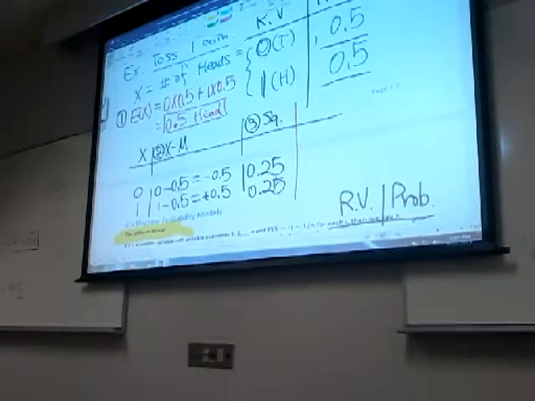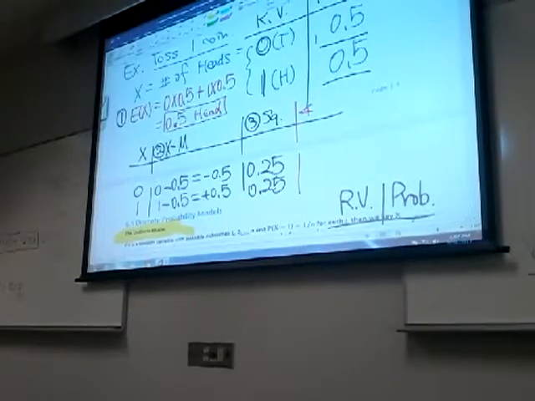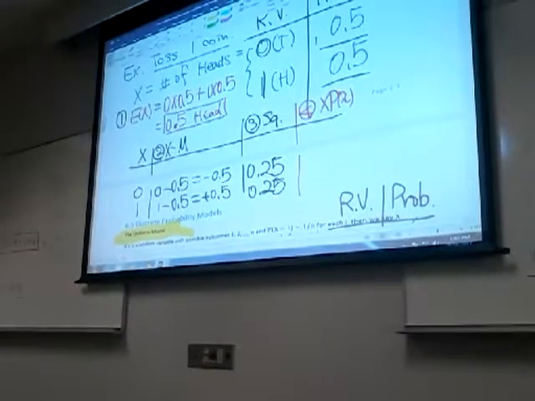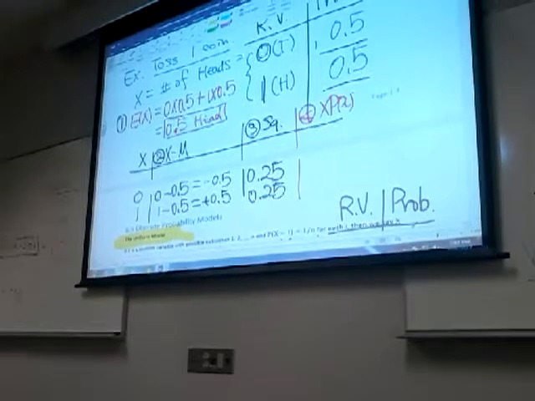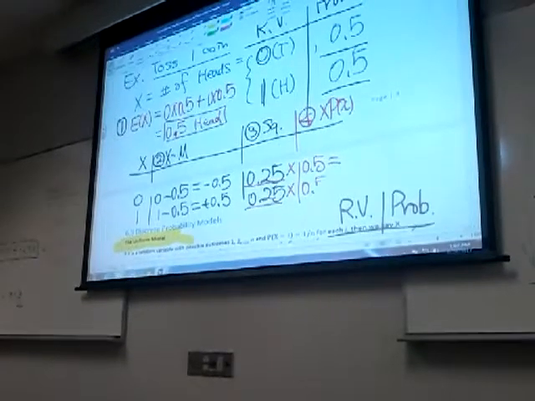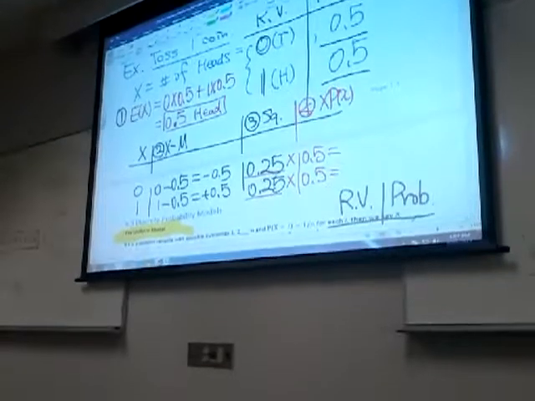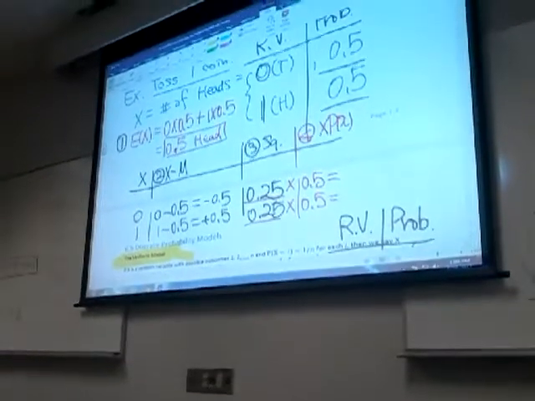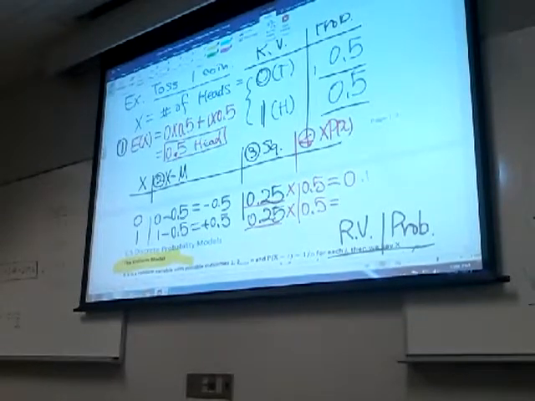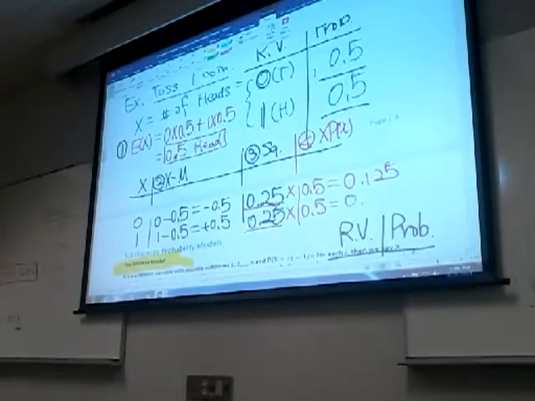What we have to do, step number 4, times probability. The probability were 0.5 and 0.5. So 0.25 times 0.5 and 0.25 times 0.5 again. How much will be 0.25 times 0.5? 0.125 and 0.125.